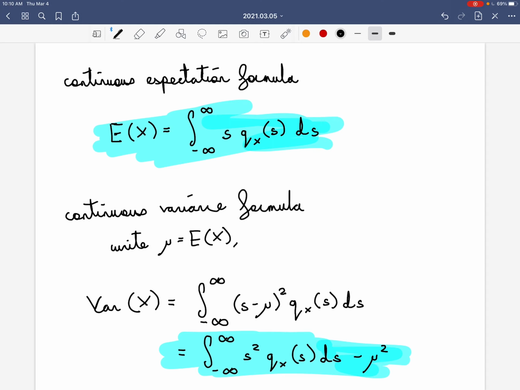And with that higher level concept, you can implement both the continuous expectation formula and the discrete expectation formula as two versions of the same concept.